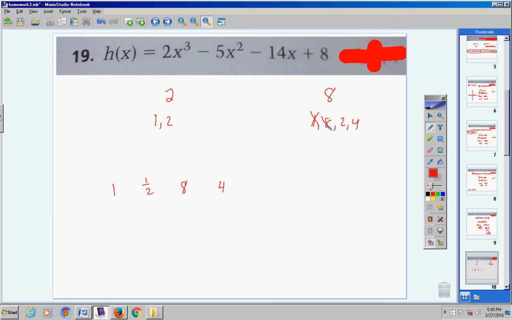Done with 8. Put 2 over 1, that's 2. 2 over 2 is 1, we have 1 already. 4 over 1 is 4, we have a 4 already. 4 over 2 is 2, we have a 2 already. So I'm finished. This is my list of possible rational zeros.